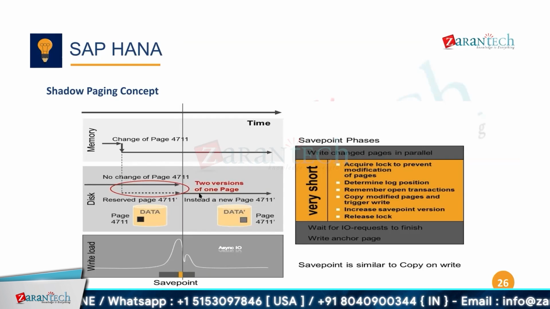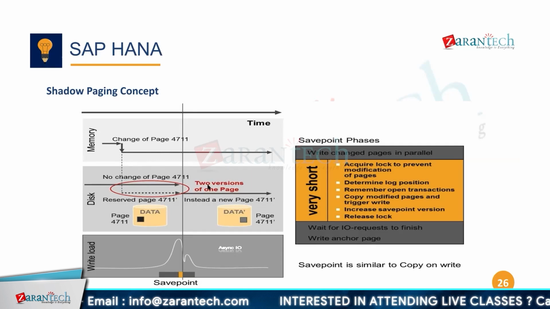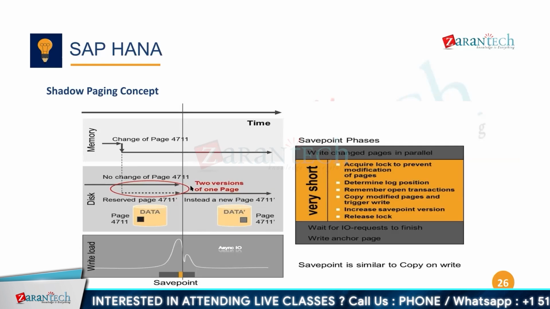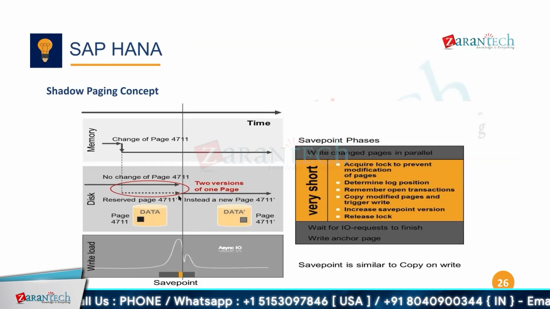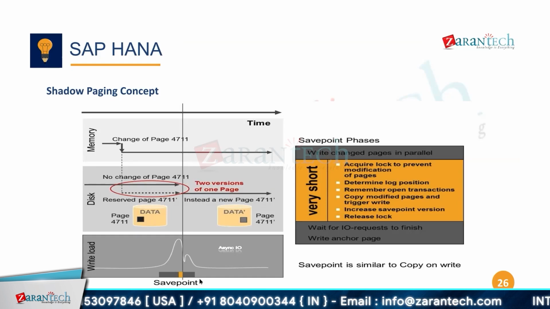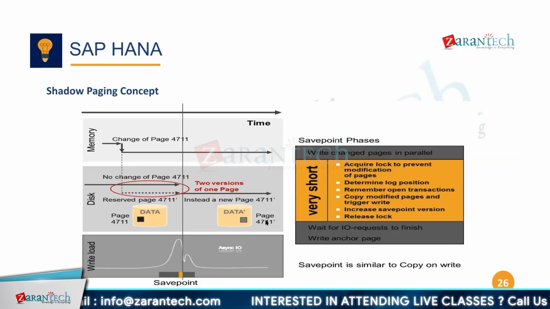Which means this page is being copied and there are two versions of one particular page. It is just to save. If anything happens when it is copying, if there is a problem, it still has to have the original. That is why it creates this red color highlighted extra page until it is completely saved in the disk, that 4711, until it gets saved. Just before it, just milliseconds of time.